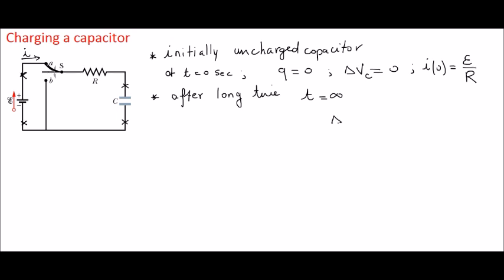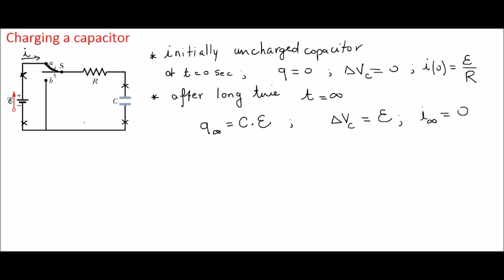So we have delta Vc is equal to E. What will be the charge then? If the voltage is E, the charge is just the capacitance times the difference in potential. And the current at infinity is 0.